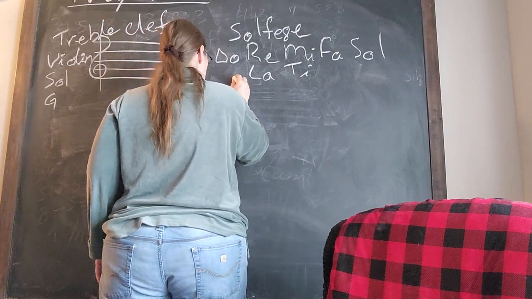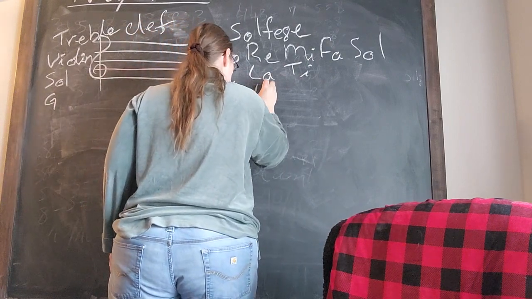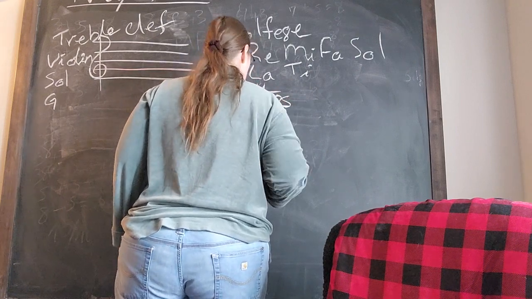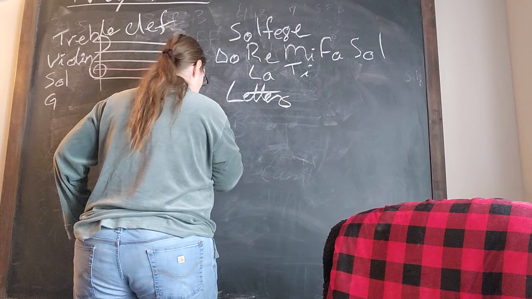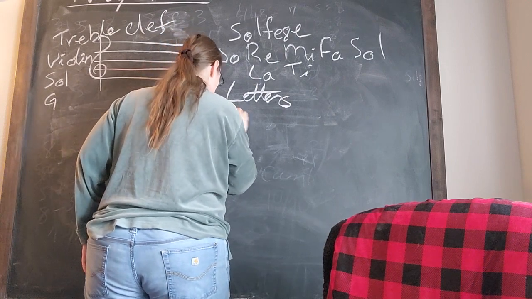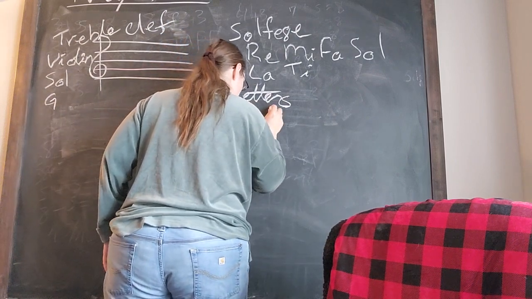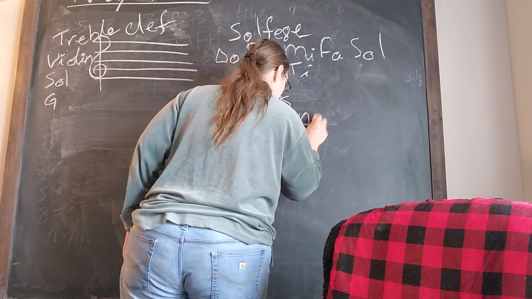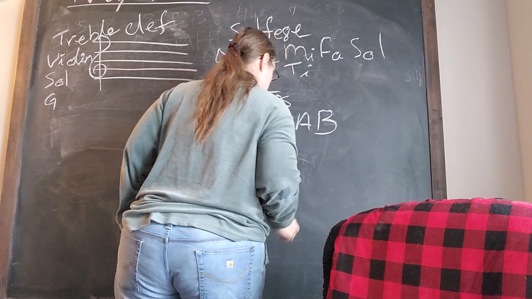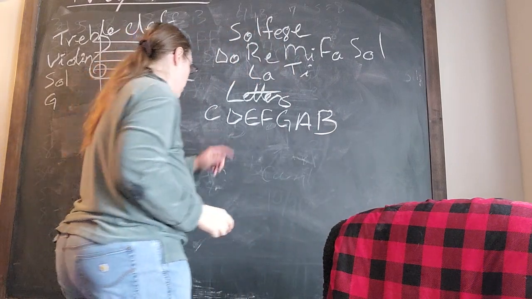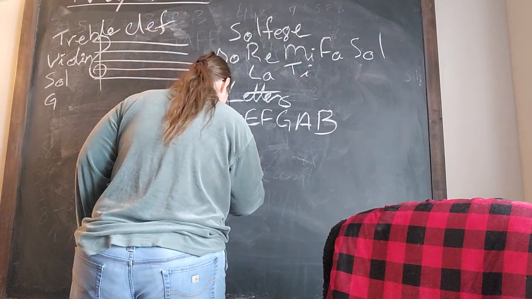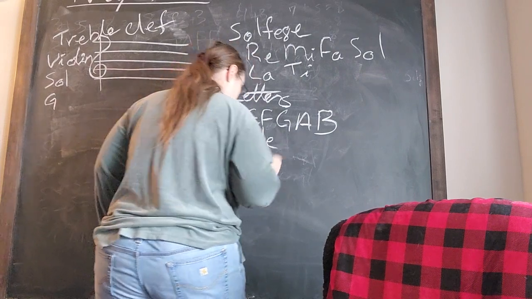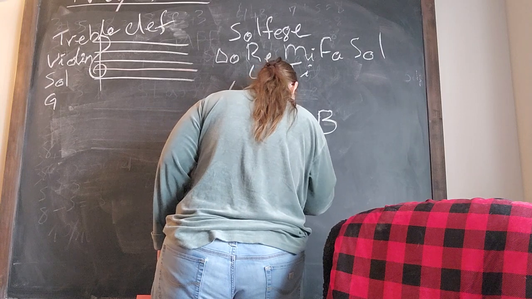And they're also called by letters. That would be C, D, E, F, G, A, and B. There's also a third, which are called scale degrees or numbers.